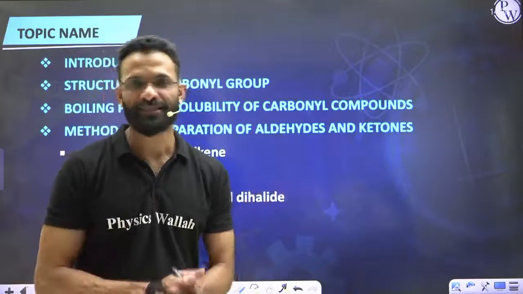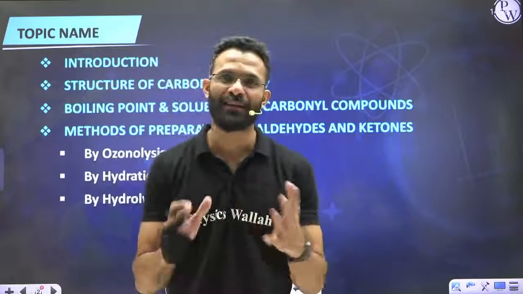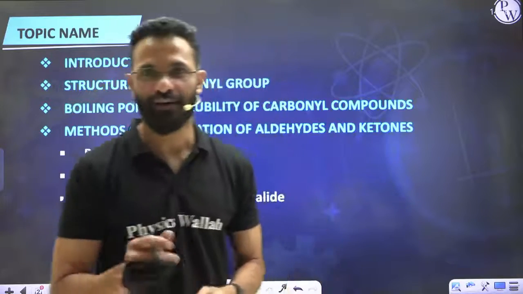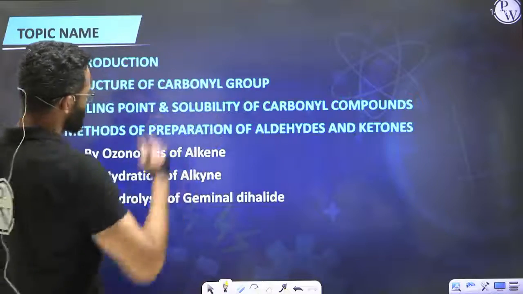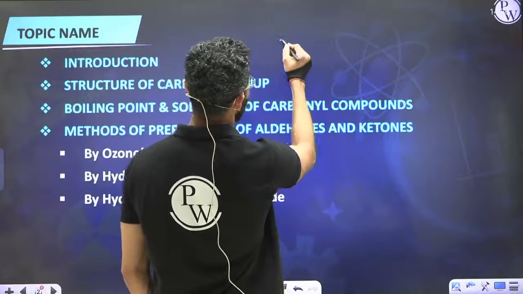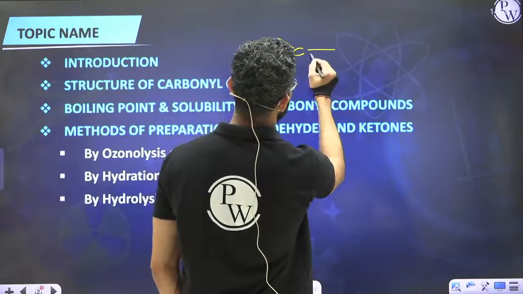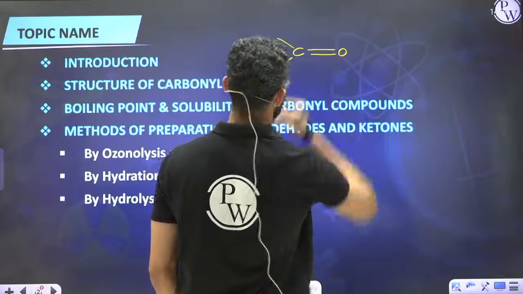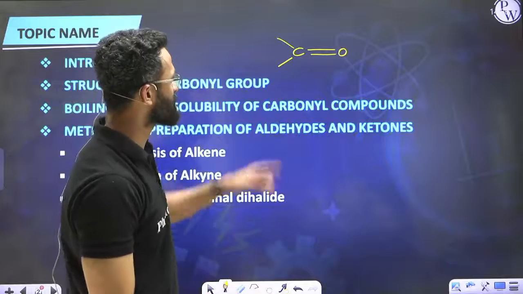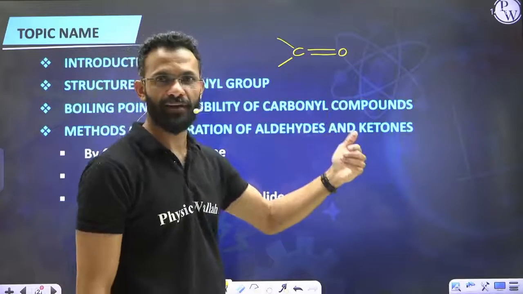So dear students, let us first talk about something called the carbonyl carbon atom. Structurally, suppose I represent the carbonyl carbon over here, we represent carbonyl carbon like this. When you look at this carbon, which is doubly bonded to an oxygen atom, you call it the carbonyl carbon atom.